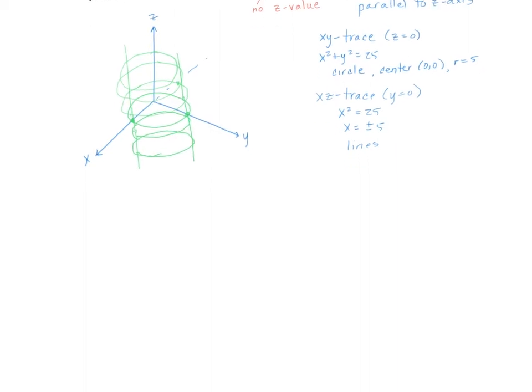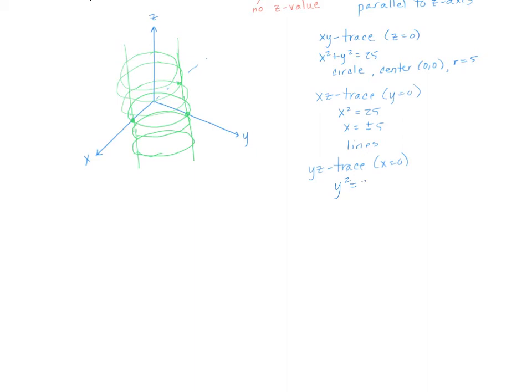But let's go ahead and continue to verify by finding the YZ trace. If I find my YZ trace, that would be when x is equal to 0. I'm thinking that I should also have vertical lines passing through my y-axis, which I kind of already have.